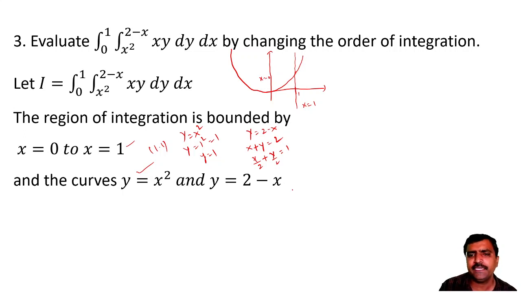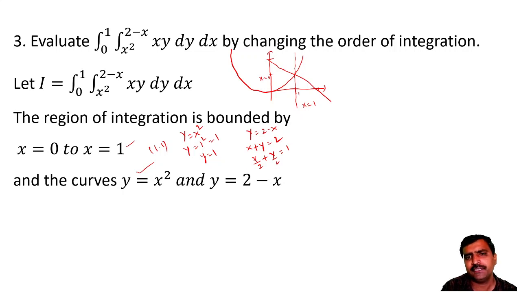You know that x by a plus y by b is equal to 1 is a straight line with x-intercept a and y-intercept b. So x by 2 plus y by 2 is equal to 1 is also a straight line; its x-intercept is 2 and its y-intercept is 2. If you draw that line, it cuts the x-axis at 2 and the y-axis at 2. So that may be like this.